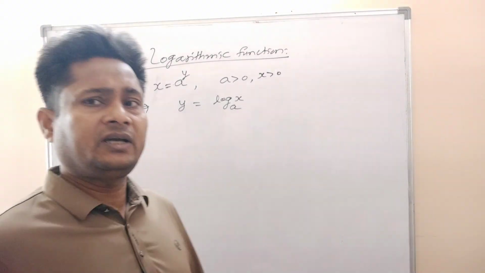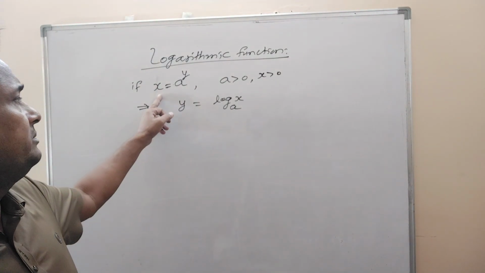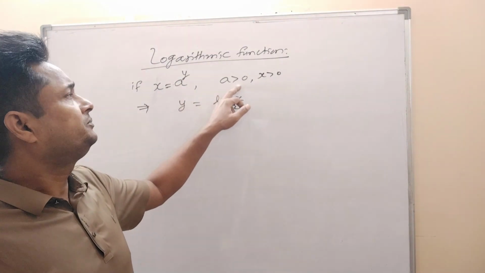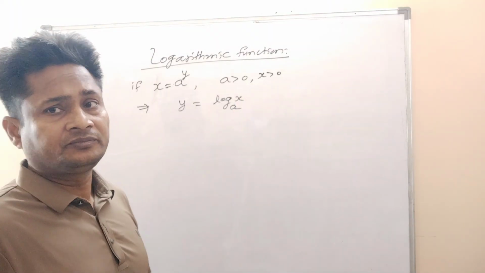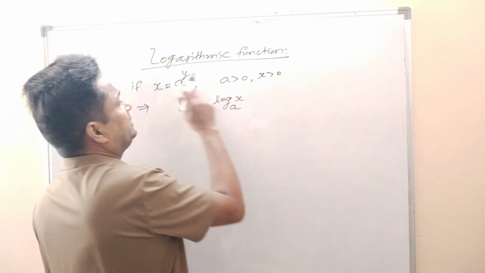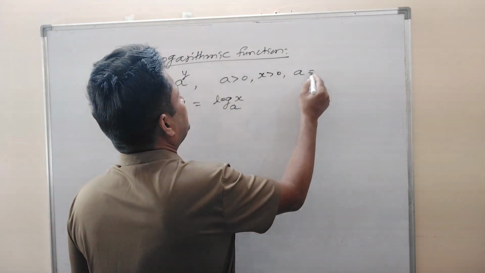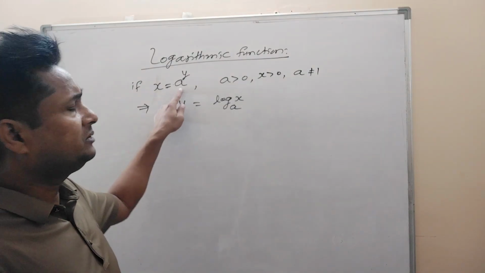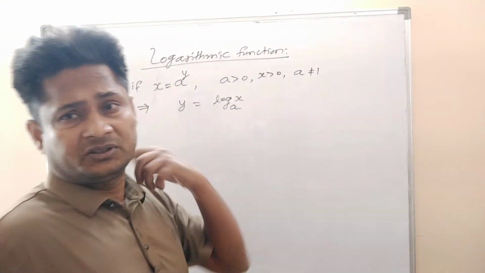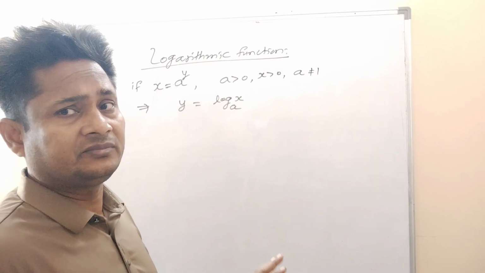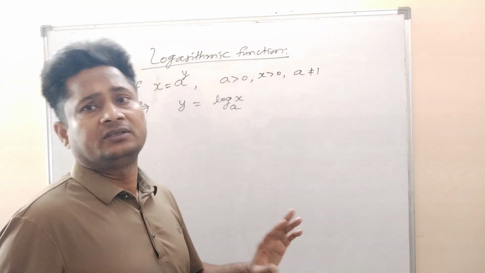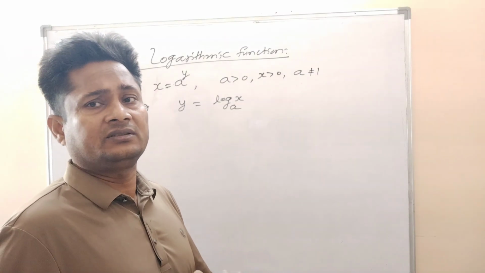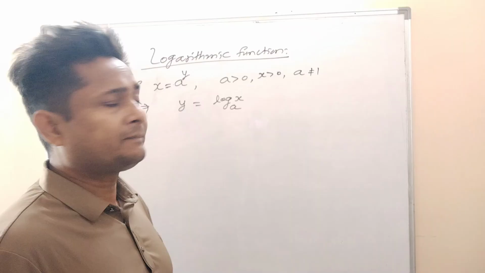If you have any equation of this type, x is equal to a to the power y, where a is positive and x is positive, and a cannot be negative, a does not equal 1. For a equal to 1, it will have a constant value, so there is no need for that. We are discussing a logarithmic graph which is increasing or decreasing.